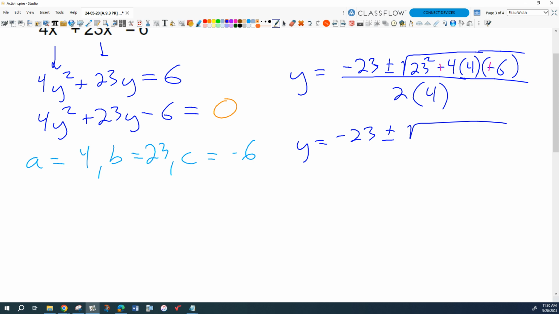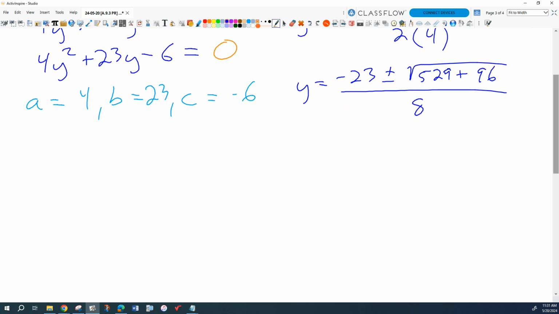So 529 plus 24 times 4 is just 96, all divided by 8. So I got to keep going. I got to turn that into one big number. 529 plus 96 is 625. What's the square root of 625? Anybody tell me? 25, yeah.